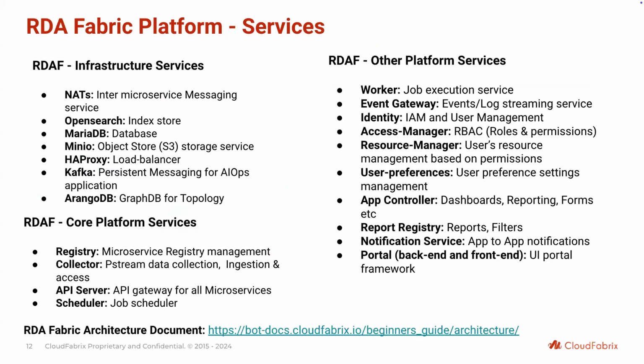Now let's talk about these individual services in a little more detail. The first one is the RDAF core infrastructure services. So we have the NATS message bus. It is a very lightweight in-memory message bus.